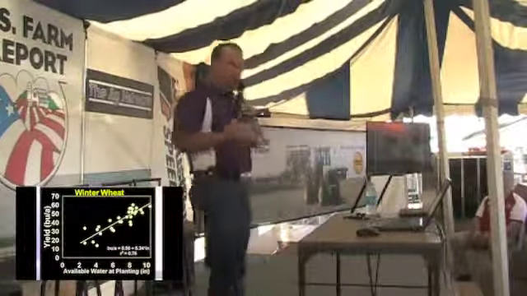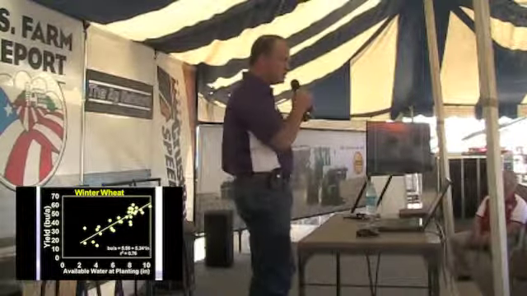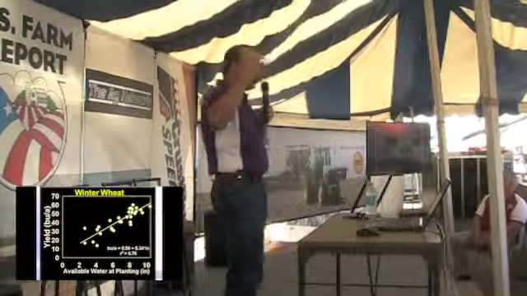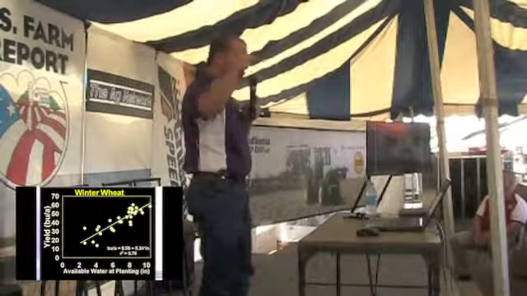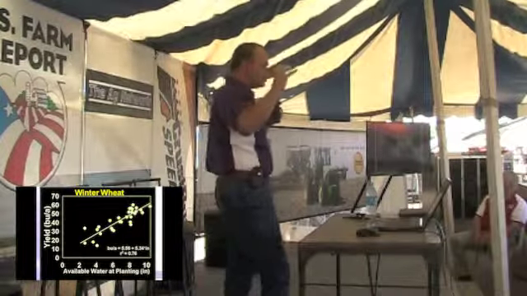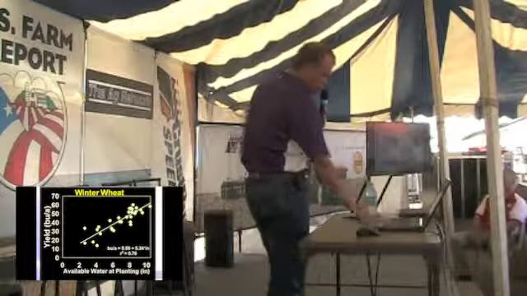If we look at available soil water and winter wheat yield, as you can understand, as we increase the amount of soil water at planting time, our yields go up. So what we need to do is try to manage that precipitation really effectively so we can get good yields.